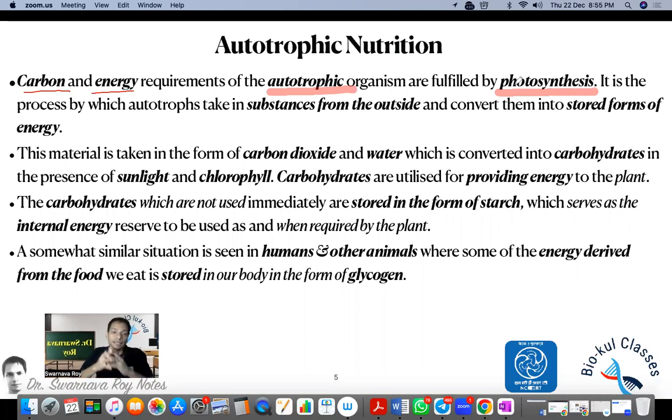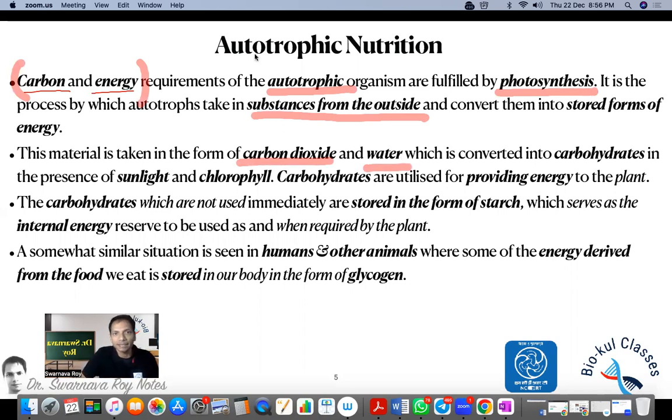So autotrophs, or plants, take substances from outside to fulfill this carbon and energy. How? What are they taking? They're taking raw materials like carbon dioxide and water.